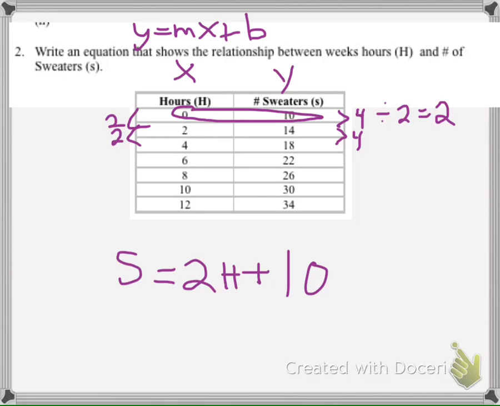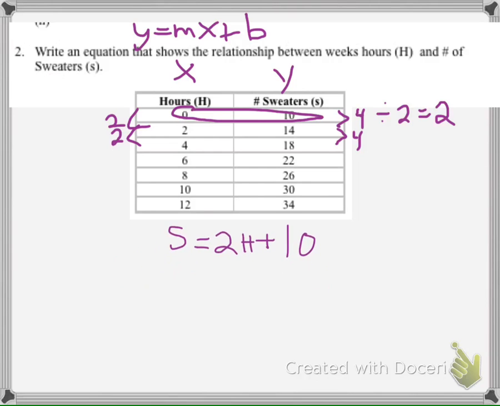Now I'm going to know that you watched the video if you have your equation labeled. So I want each part labeled according to the situation. So my y or s is the same as sweaters sold.